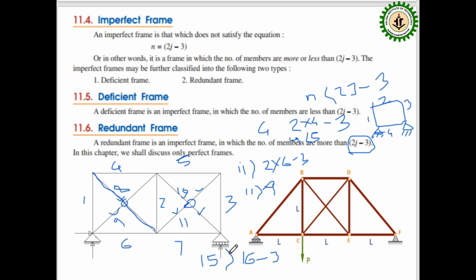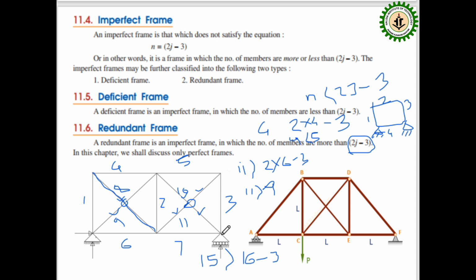The reaction force occurs only in the position where resistance occurs. Due to this support, the frame cannot move downwards. This is also applicable for this roller support.